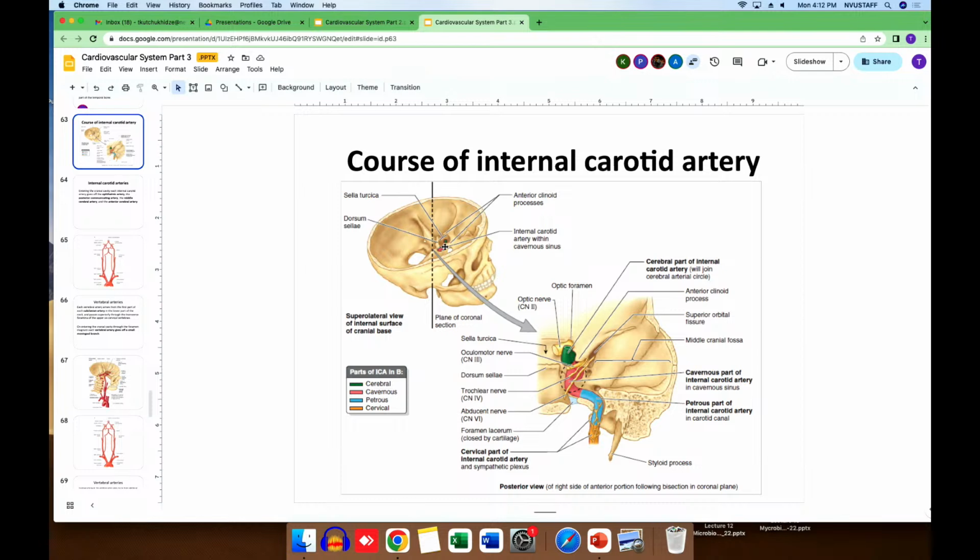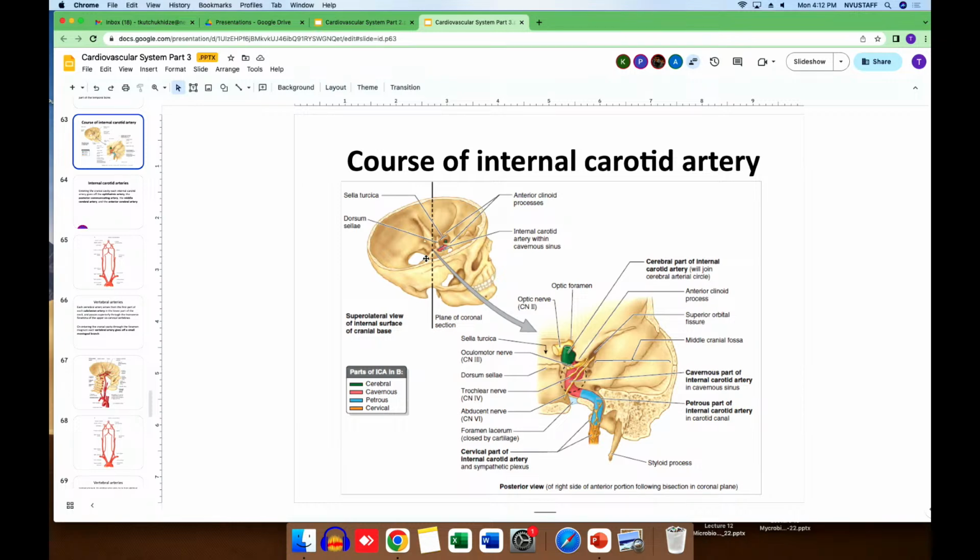So here you see how they entered the skull, right? In this location. Each internal carotid artery enters the cranial cavity through the carotid canal in the petrous part of the temporal bone.